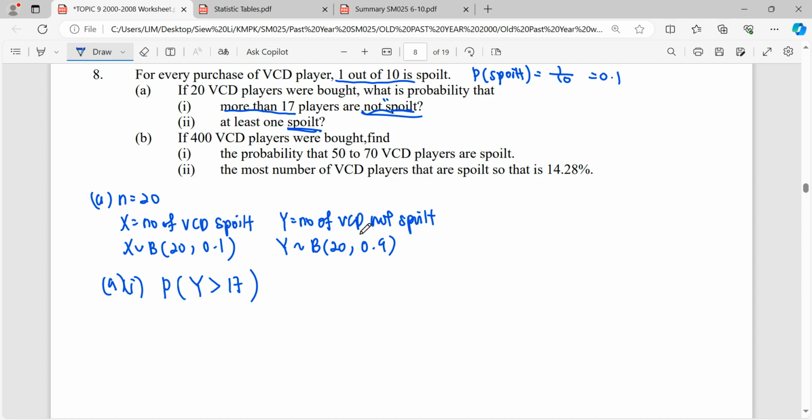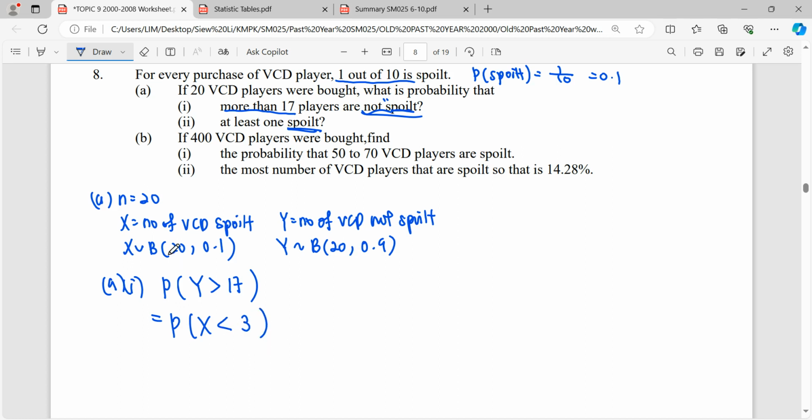Y more than 17, so this one can be read from table. 0.9 cannot be read from table, so we need to inverse it, change it to the bad one, 0.1. From the good one Y, change to the bad one X. More than will become less than. 17 is good, so the remaining 3 are bad.